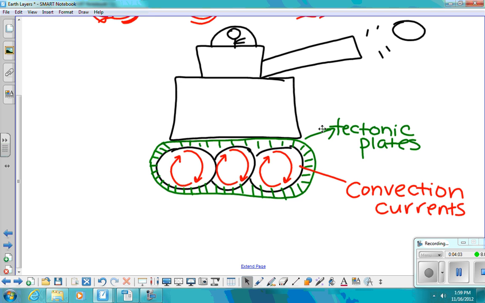Okay? So as these convection currents are spinning, they are moving the green part, and it turns, and it's moving this way. In turn it is moving the tank, because the tank is sitting on top of it. So our tank represents our continents.